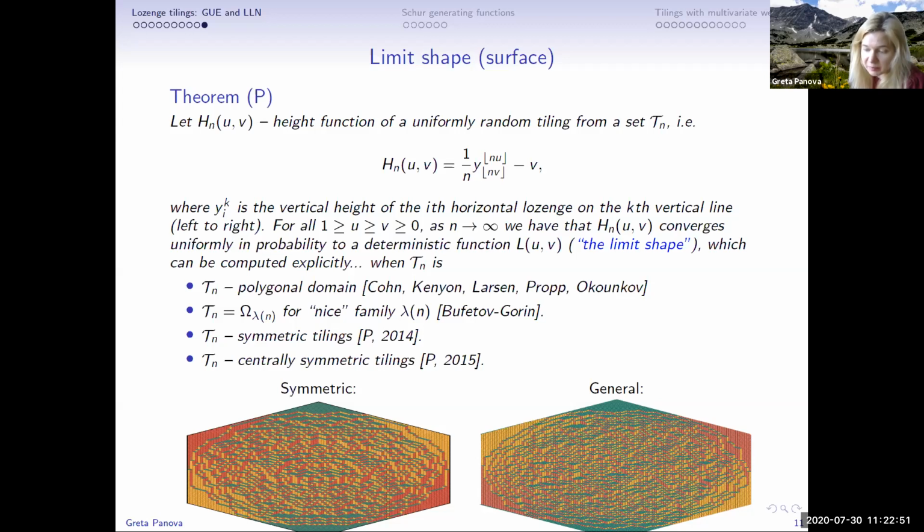So the probability that we get a lozenge tiling that is near this particular limit shape is very high. This is informally the statement, and again, this would hold for all these cases that I showed for the GUE earlier.